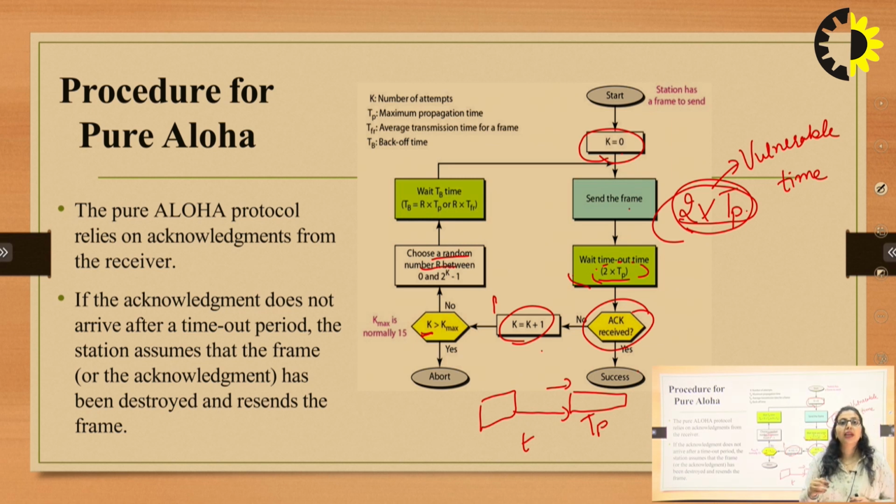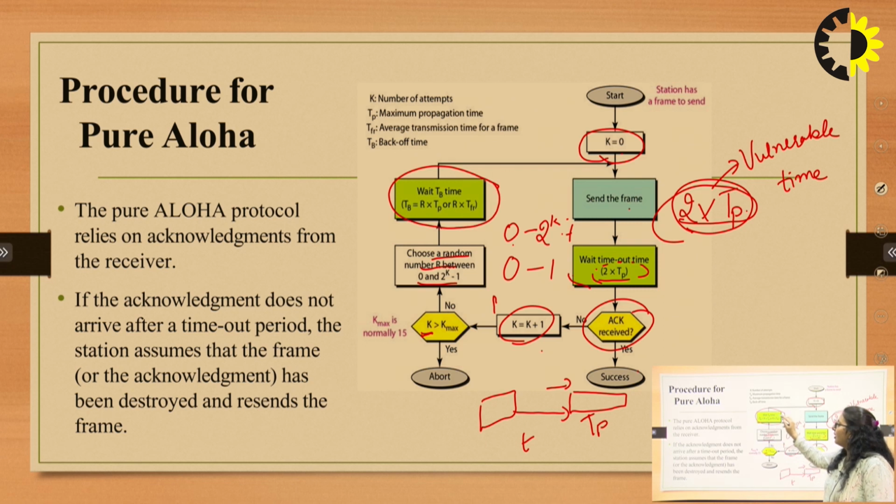Then it will choose a random number R ranging from 0 to 2^k minus 1. If k is 1, 2 raised to the power k is 2, so the random number should be between 0 and 1.